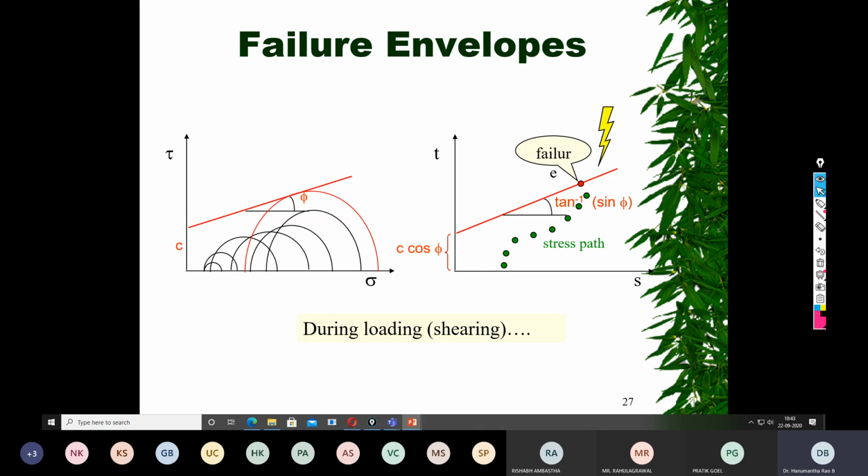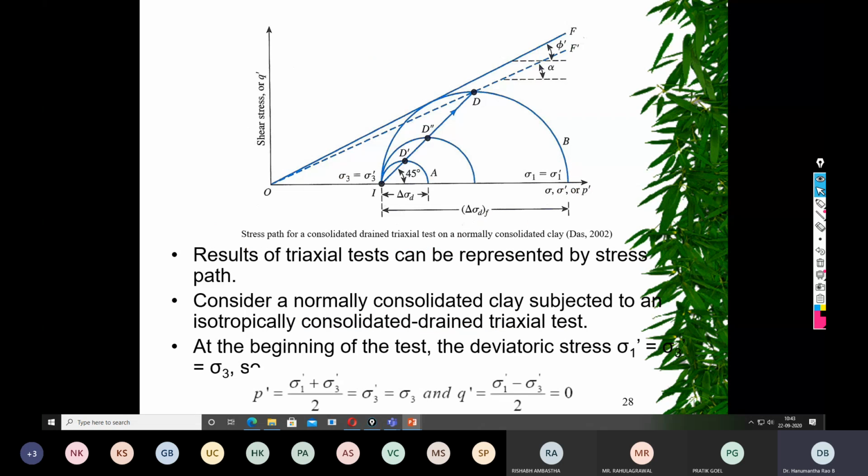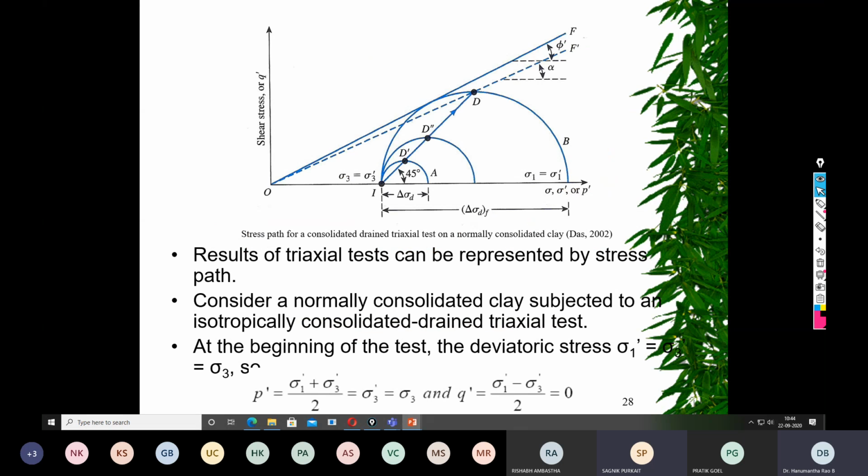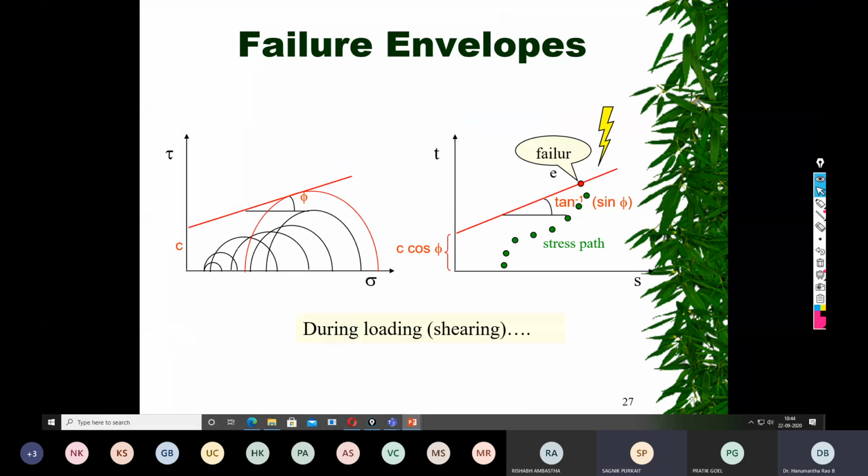What is the difference between this diagram and this diagram? In the previous case, we are changing sigma 3. But here sigma 3 is constant. When is that possible?